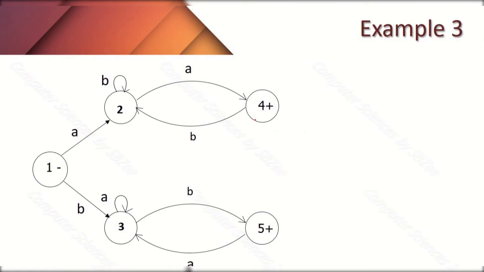If we get B at state 4, and that state is the accept state, so a B transition is not allowed there, so we move that transition towards state 2, and same for state 5 for letter A. For transitions A and B, we do the same at states 4 and 5, and that finite automata is the full representation of example number 3: all those words that start and end in the same letter.